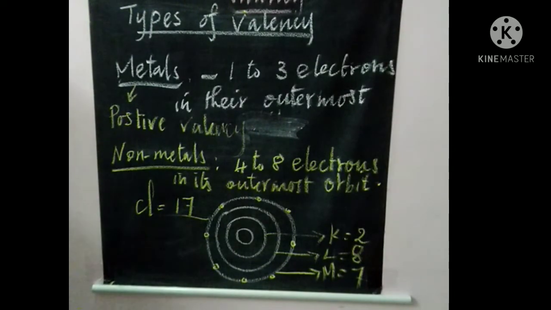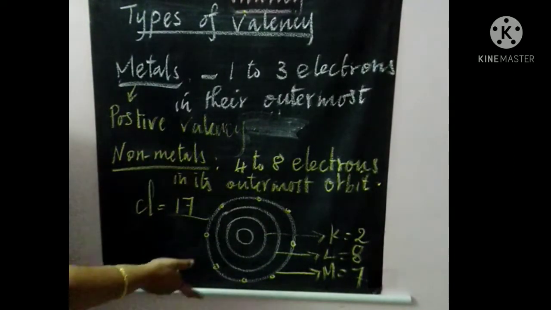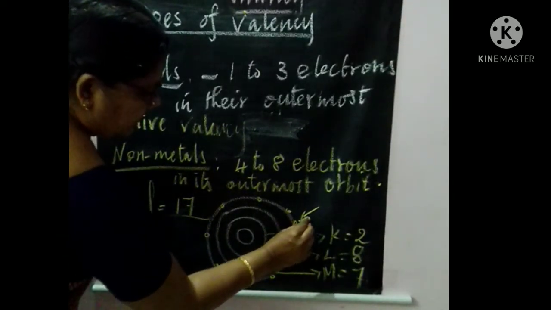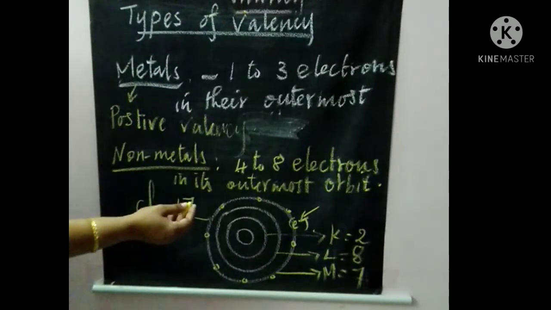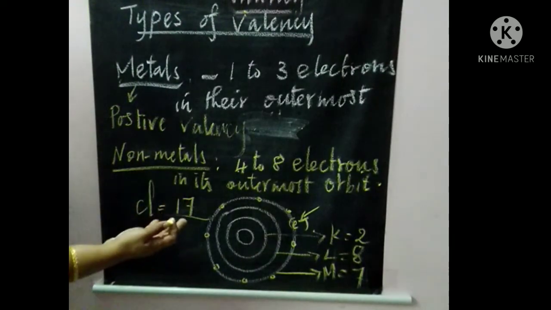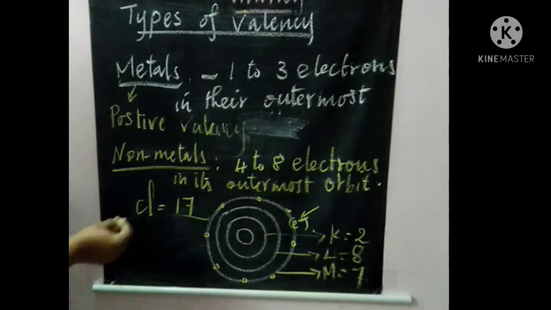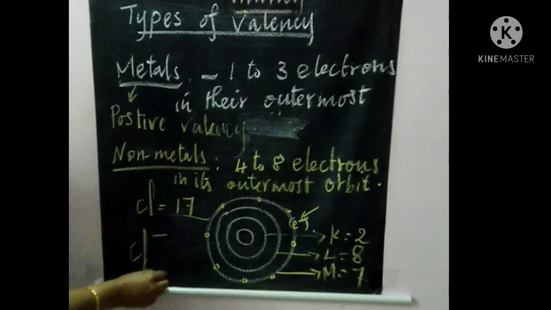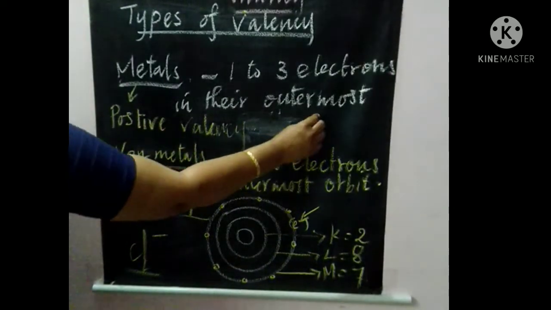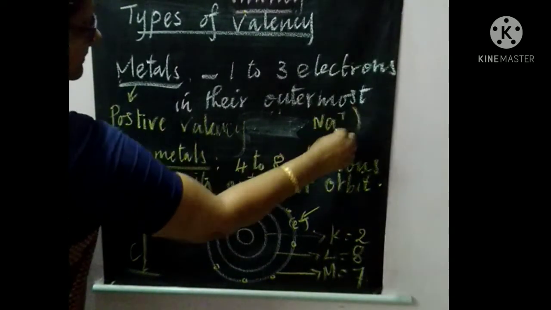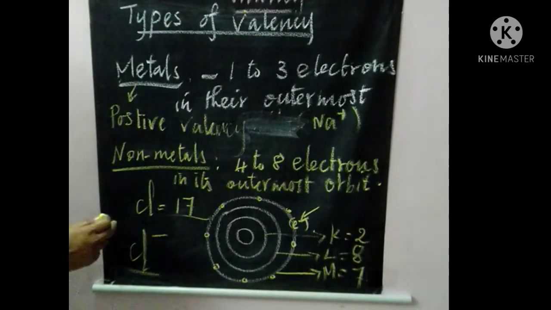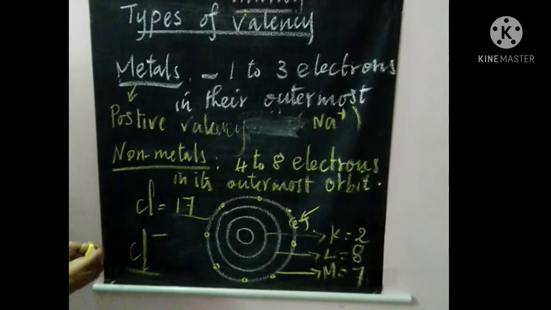When chlorine reacts with another atom, it gains one electron, so automatically the negative charge increases. So chlorine gets a negative valency. Here we saw sodium, positively charged, so it has a positive valency. Chlorine gains an electron, so it gets a negative valency.